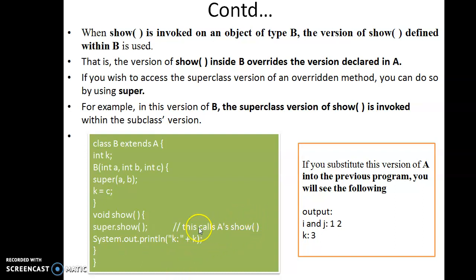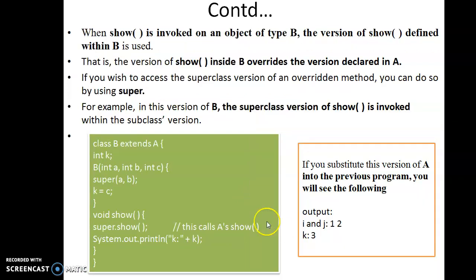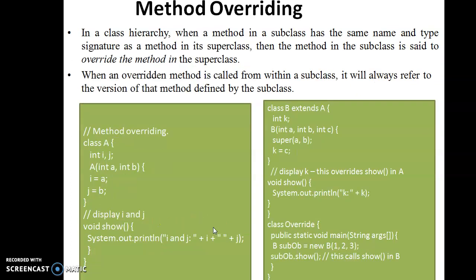This calls A's show method. Here A also has a show method, B also has a show method. If object dot show is called, then B's show method will be called. If super dot show is written, then this calls A's show method, the base class show method.